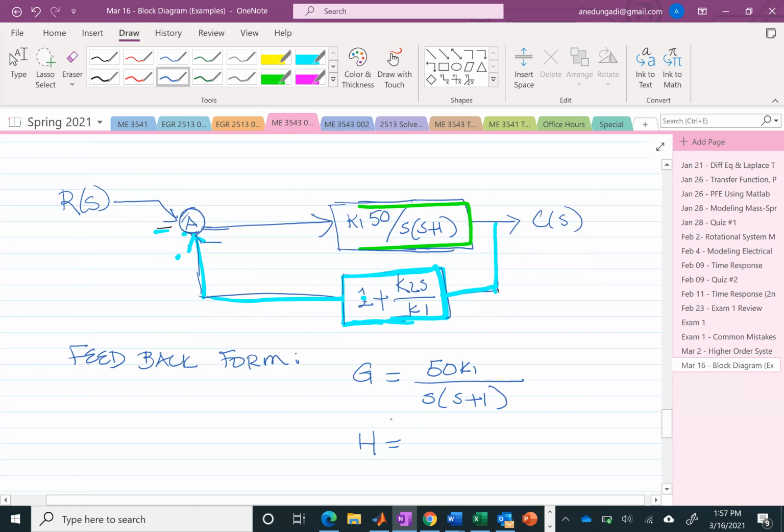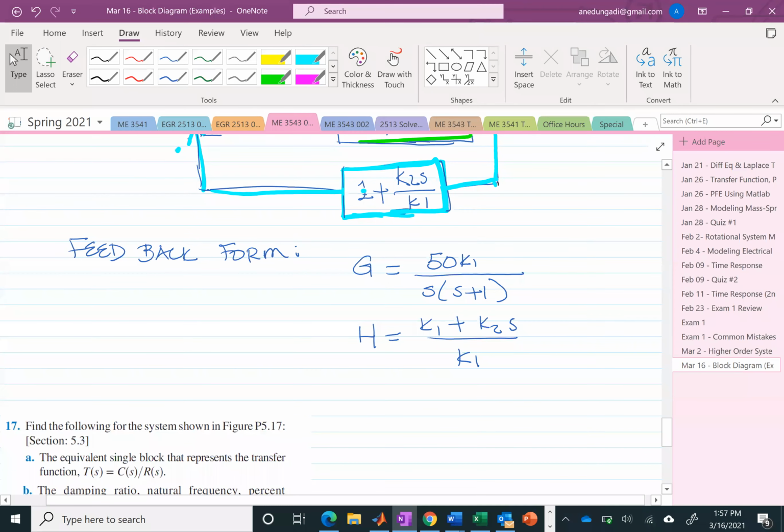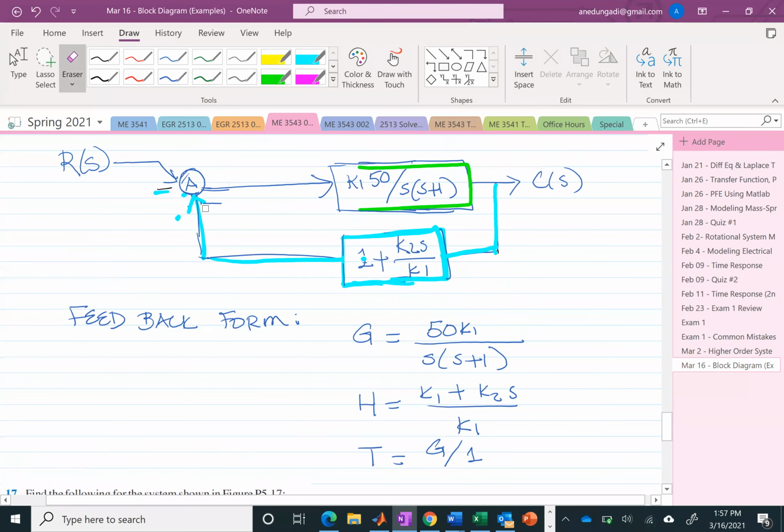And the feedback is K1 plus K2S. Any questions? And then the total transfer function, T, is going to be G divided by 1, the negative sign of the feedback, 1 plus G times H.